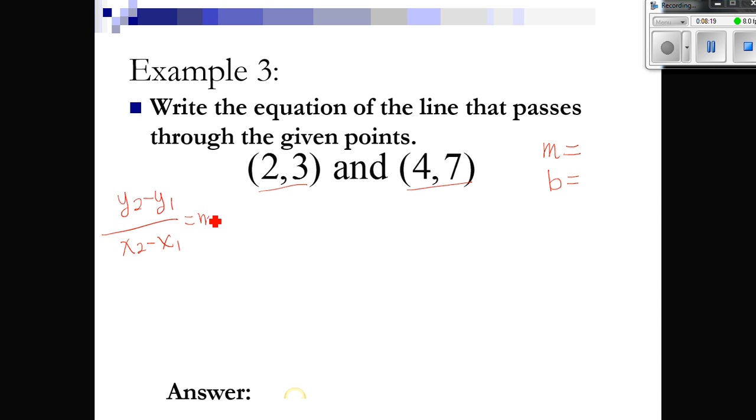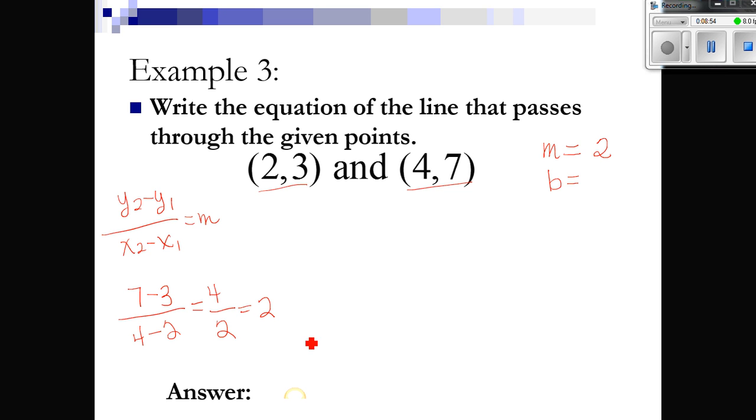That is my slope formula, and that will give me my slope using these two random points. So I know that my y2 is 7, my y1 is 3, my x2 is 4, and my x1 is 2. And 7 minus 3 is 4, and 4 minus 2 is 2, and 4 over 2 is 2. So I know that my slope is 2.